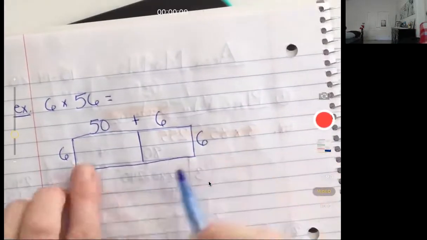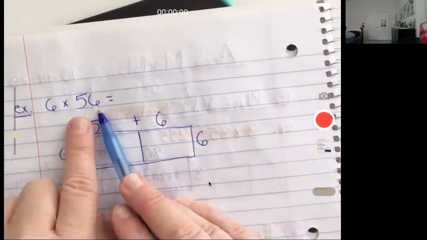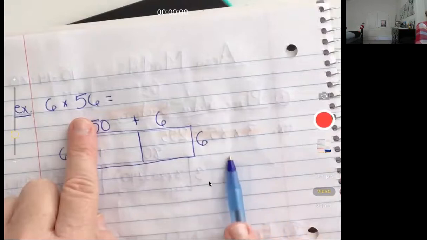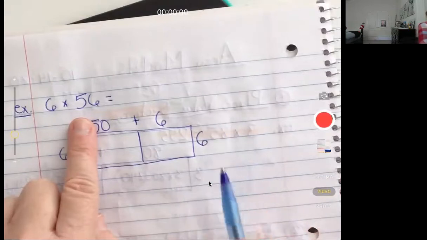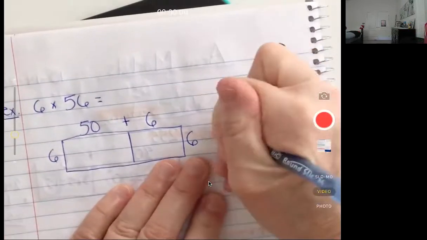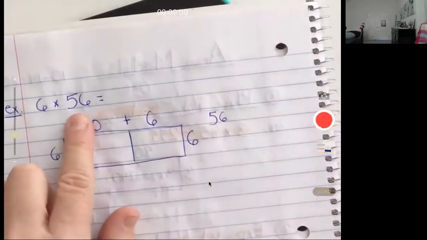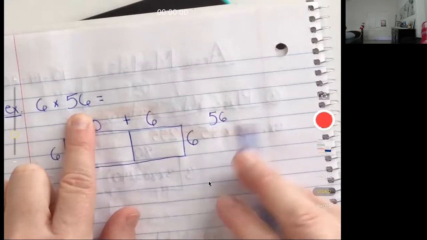All right, so this time I'm going to start, because remember, I'm recreating. Now I'm going to be forming this number like a multiplication equation going up and down. So I'm going to start with the biggest number in my equation, which is 56.